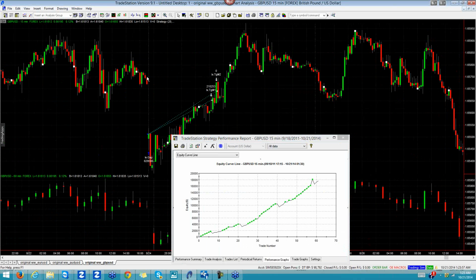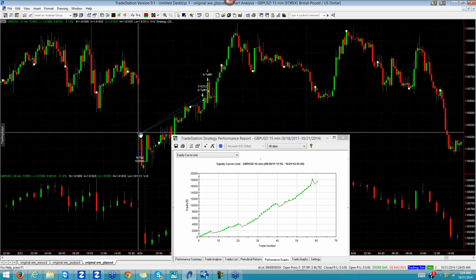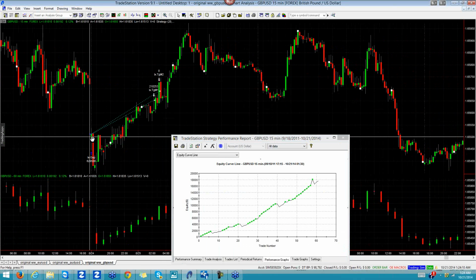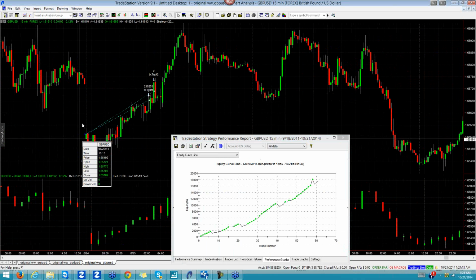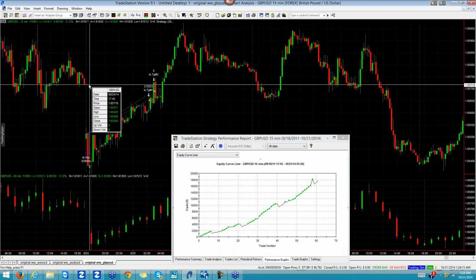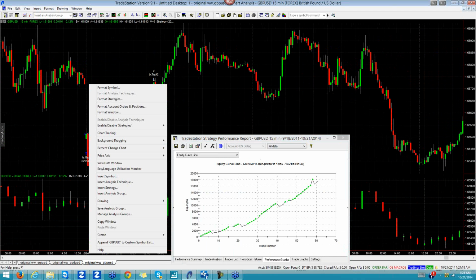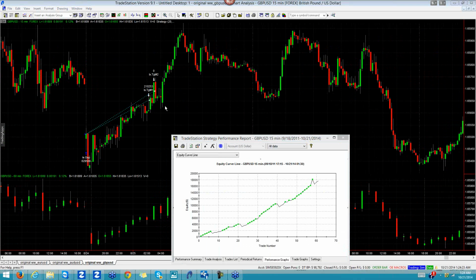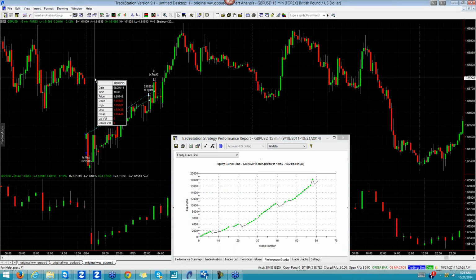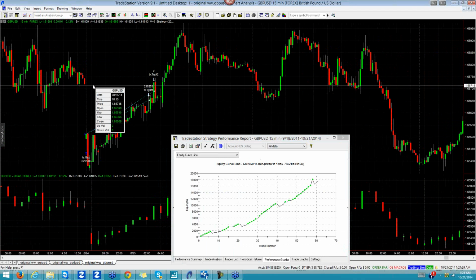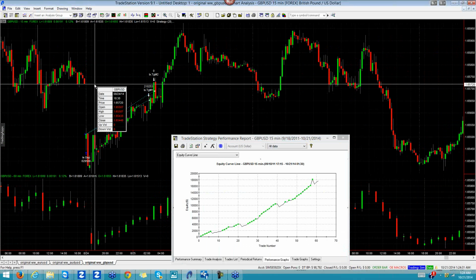For instance, on the pound dollar here, we had this massive gap, which was from 165.50 to 165.72, so about 23 pips.